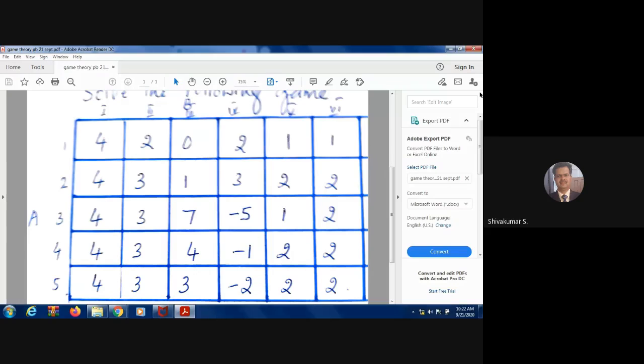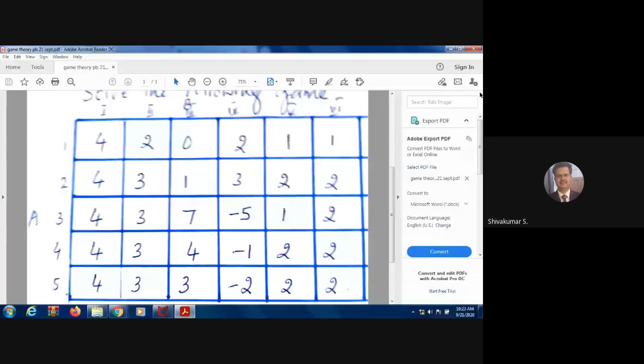Next, column 2 is dominated by columns 4, 5, 6. Column 2 values are 3, 3, 3. Compare with the fourth column: 3 equals 3, 3 is greater than minus 5, 3 is greater than minus 1.